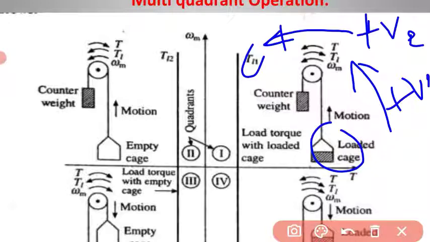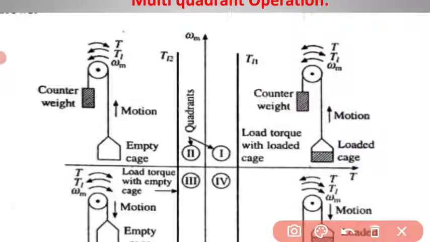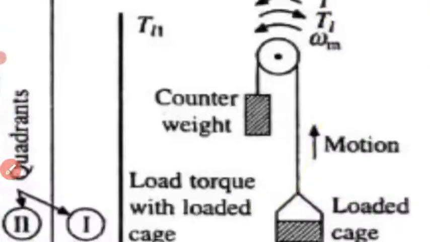The power developed by the motor is positive, hence we call it the first quadrant. You can see here the motor rotation is in the anti-clockwise direction.